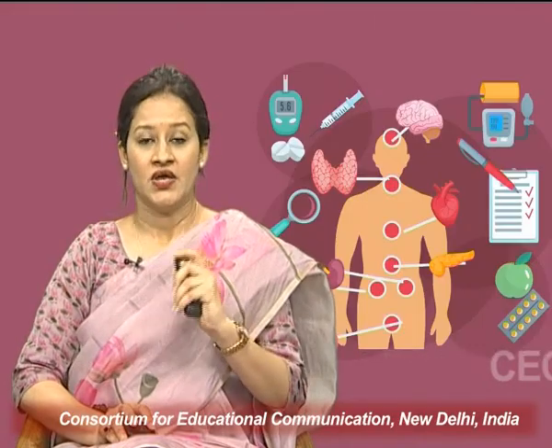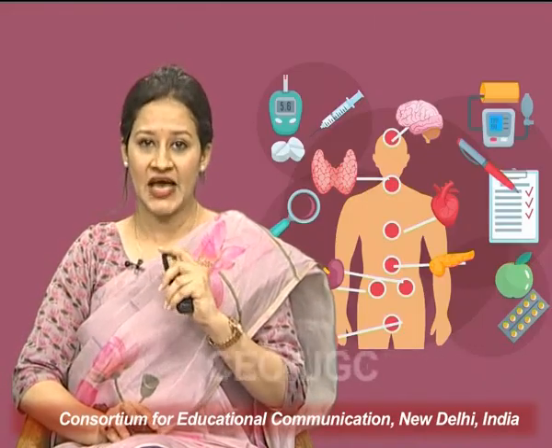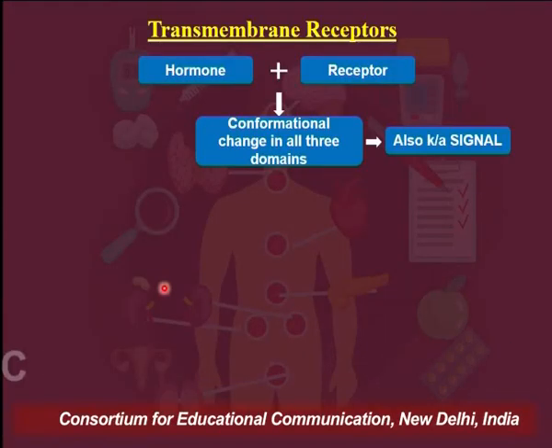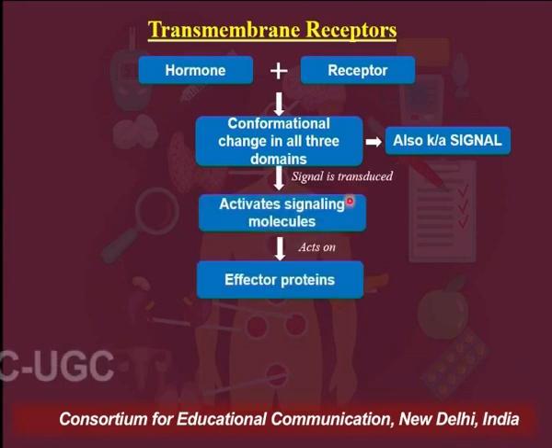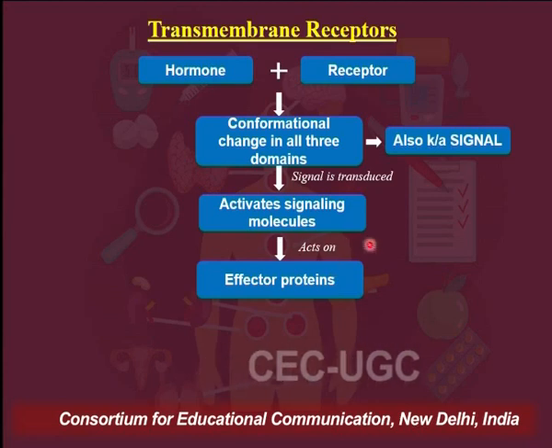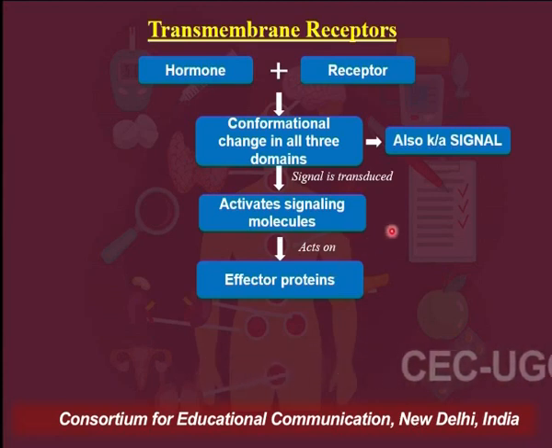And for this, let us have a general view. Whenever a hormone comes, it will interact with the receptor. And upon binding of the hormone with the receptor, there would be a conformational change in the three domains. This conformational change is called the signal. Now this signal will get transduced and activate the signaling molecules.